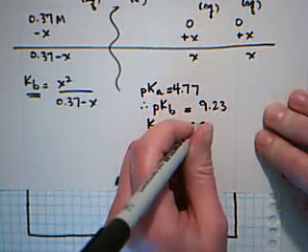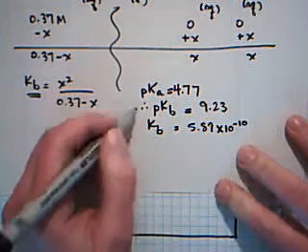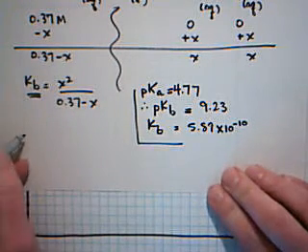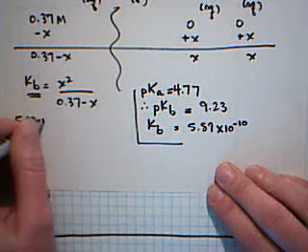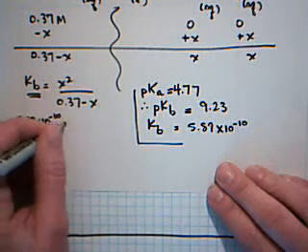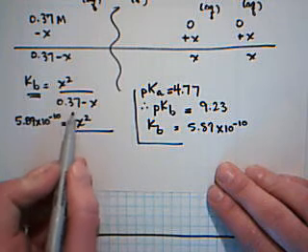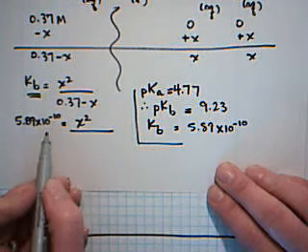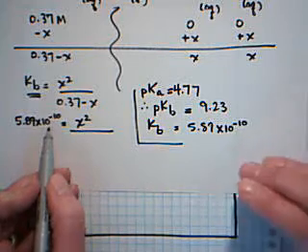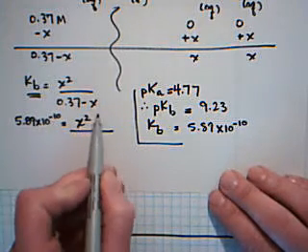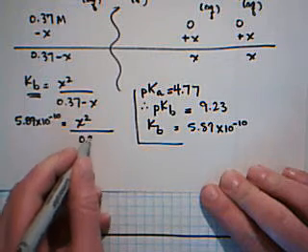And that comes out to be 5.89 times 10 to the minus 10. Great. So back to here, then 5.89 times 10 to the minus 10, that's a really small number, is equal to X squared over 0.37 minus X. Well, look, Kb is so small that X is going to be tiny, right? The smaller the K, the smaller the change. So that change very definitely is insignificant compared to the 0.37.